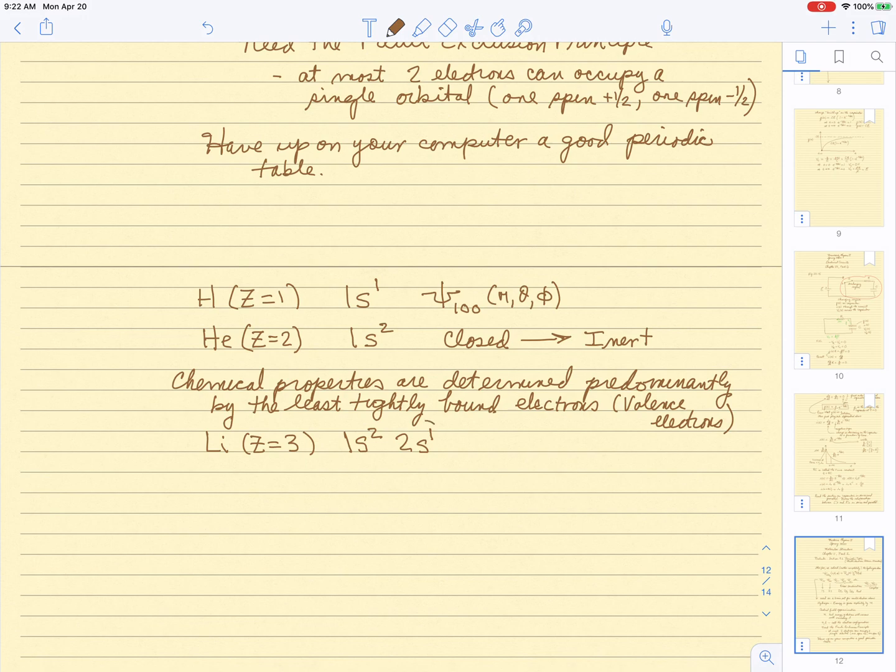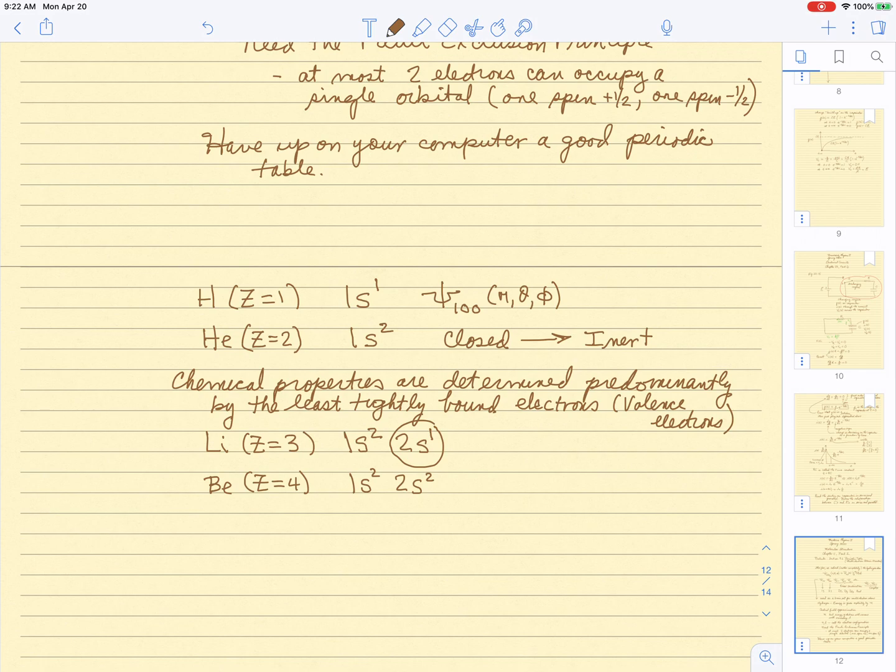And it will be this 2s1 electron which will govern the chemical properties of lithium. If we go to beryllium, Z equals 4, this is 1s2 and 2s2.